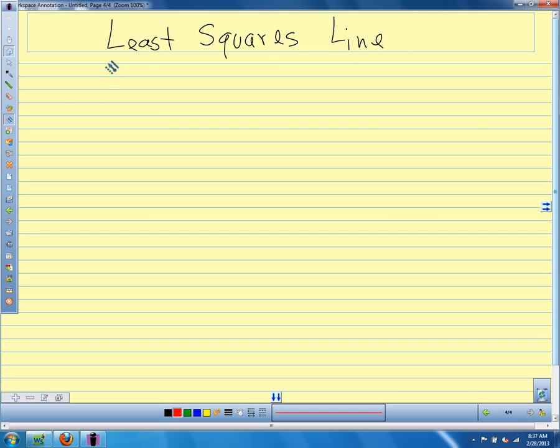So, least squares line. We use least squares, and your calculator does it really well.